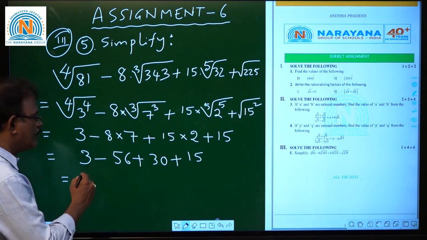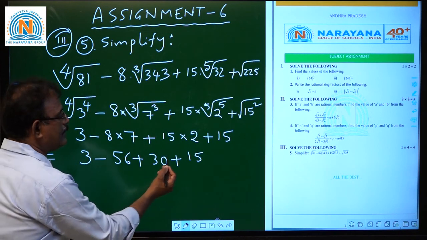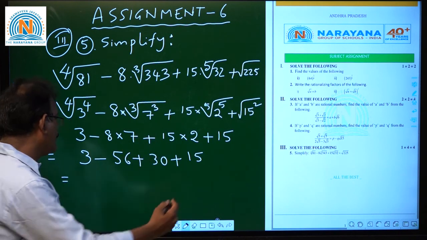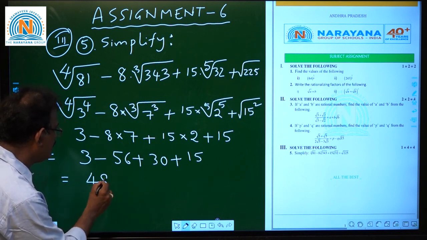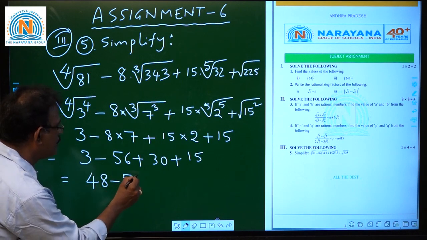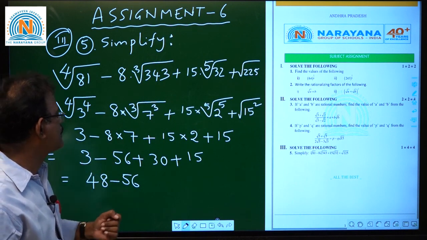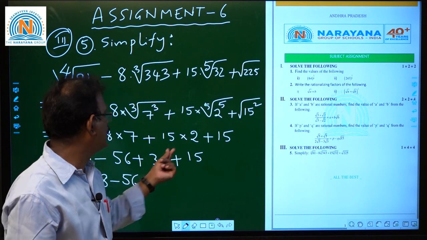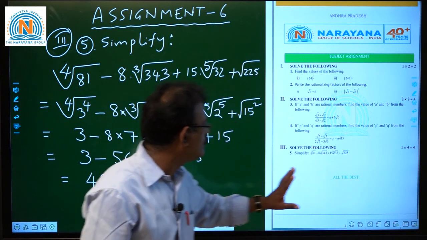Now, let us add all positive numbers aside. 30 plus 15, 45, 45 plus 3, 48, minus 56. 7 8s are 56, 15 2s are 30. This is only 225. Okay.